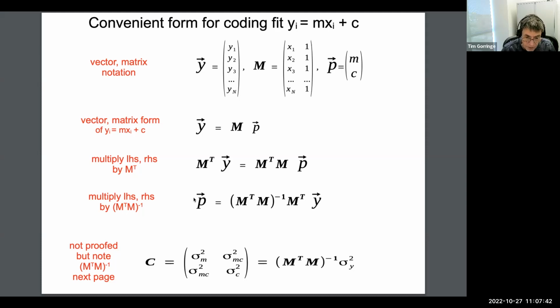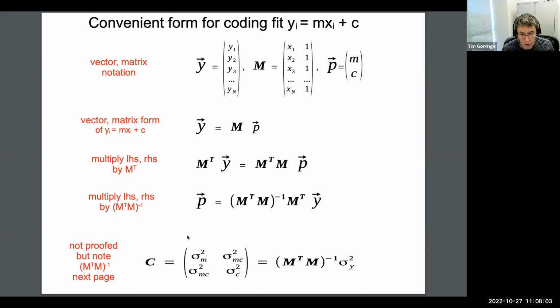And so this is all I'm going to do in solving the straight line fit on the computer with my Python code. I'm just going to carry out this one calculation here to find out what the best fit parameters are.